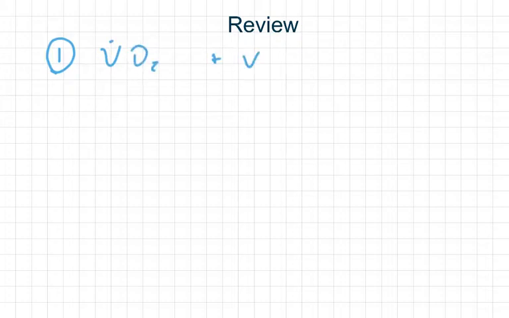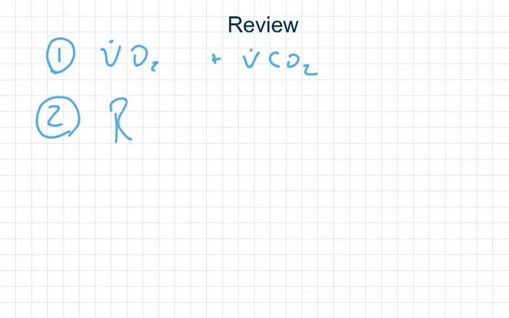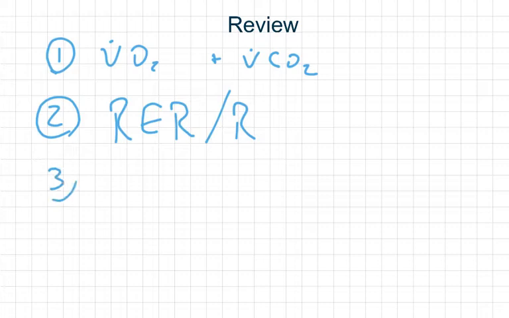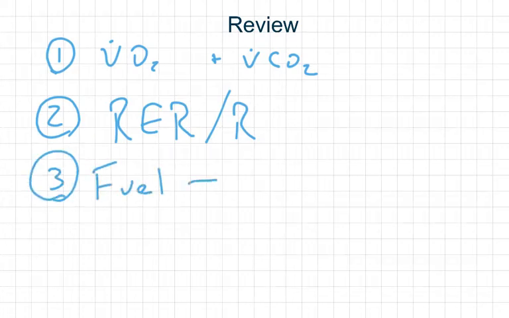So far in this video, we've covered a numerous amount of concepts, so let's review these concepts pretty quickly. First, we clarified the concept of ventilatory oxygen measurements and ventilatory carbon dioxide measurements, and that these can lead to the measurement of the respiratory exchange ratio, or RER, also known as R, which can give us more information on fuel selection during steady state exercise.